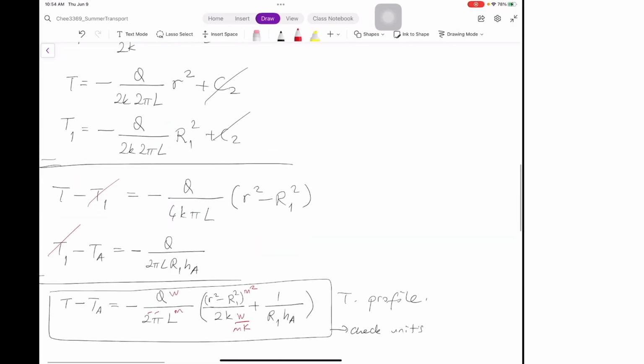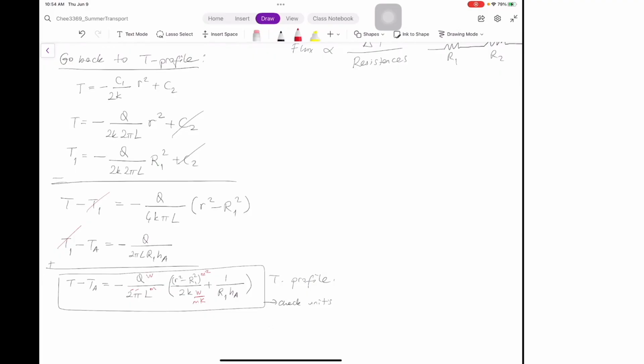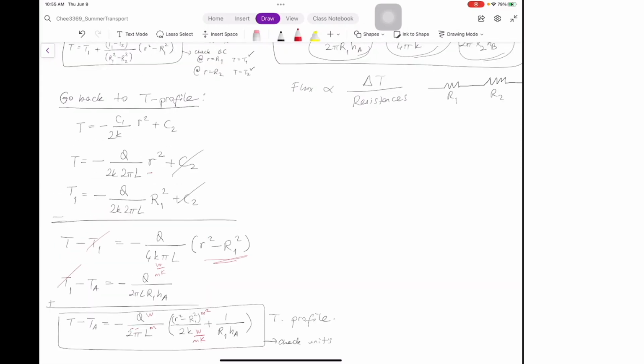No, it doesn't look right. Where did we mess up? Let's check this thing. This is watt per meter Kelvin. No, I have something missing here, I guess.